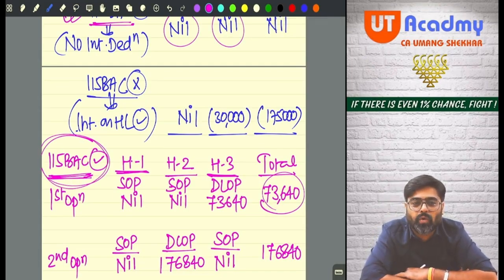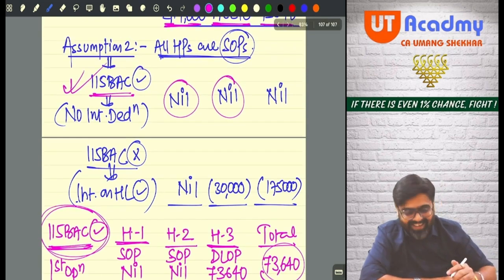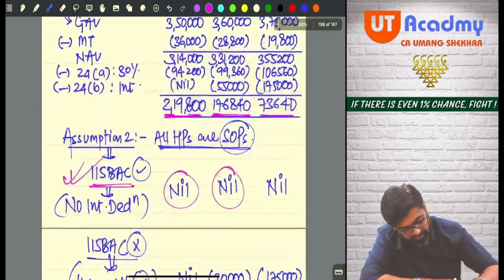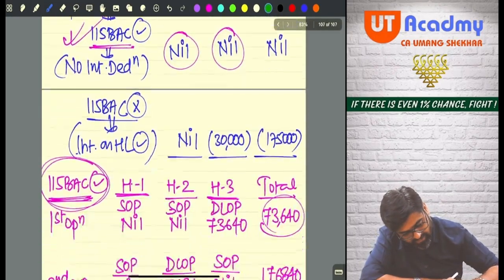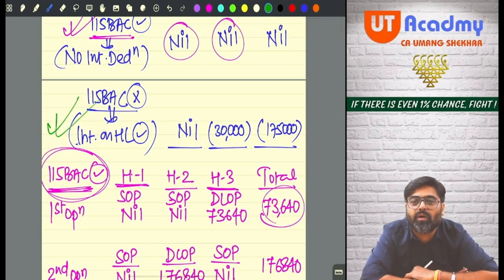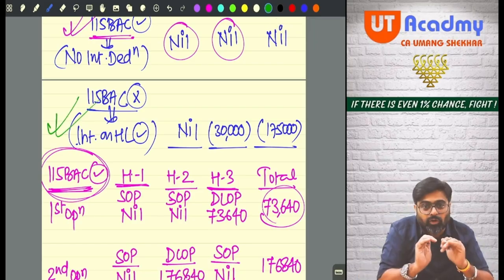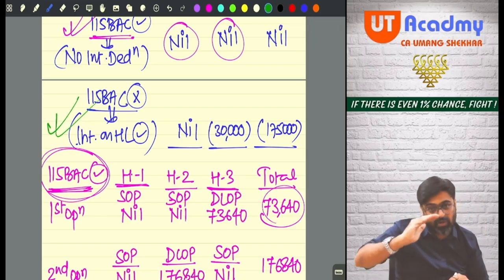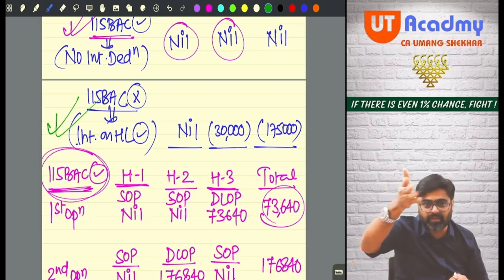But what if I don't follow 115 BSC? Then I will use this table and now this table. Now my SOP incomes will not be nil. Because if I follow 115 BSC, then it is nil.